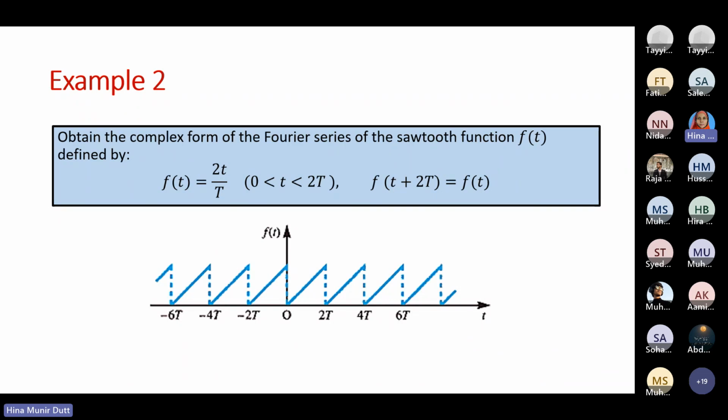if the function is even, then it consists of the cosine terms only, b_k is equal to 0, and if the function is an odd function, then a_0 and a_k are all 0, no need to calculate them. You only need to find b_k, and the Fourier series for an odd function consists of sine terms only.